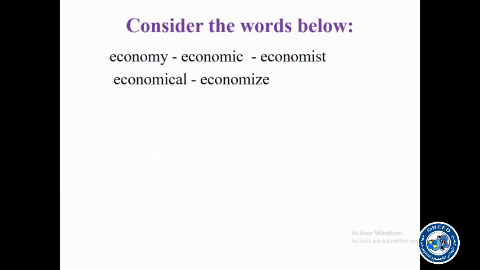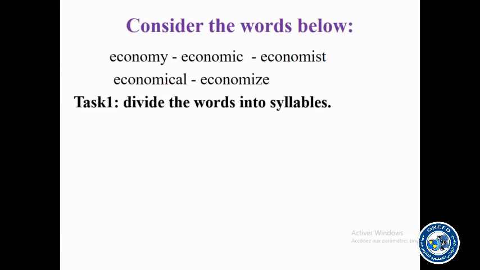Let's see now the 5 words I suggest. Of course, you can see that there are no more two-syllable words. And this is what I would like you to do: divide the words into syllables. You ready?